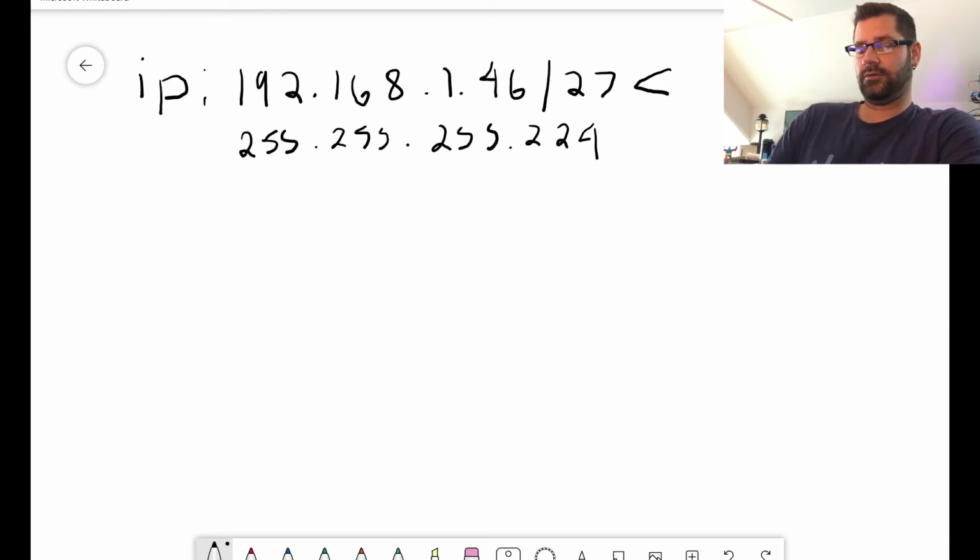Say like this one, 192.168.1.46, and say it was a /24 in its classful state. You would know that the network range would be 0 through 255, which gives you 256 addresses, 254 usable, because the .0 would be the network ID and the .255 would be the broadcast. But say it was a subnetted Class A address.